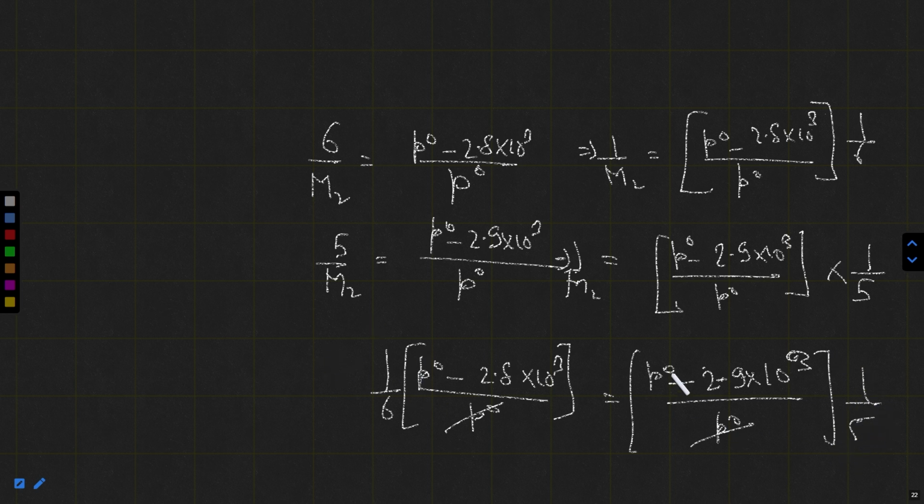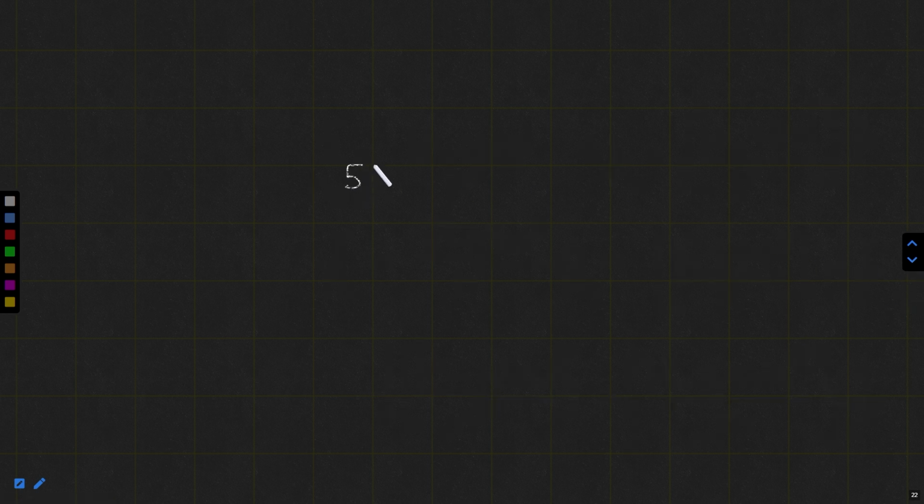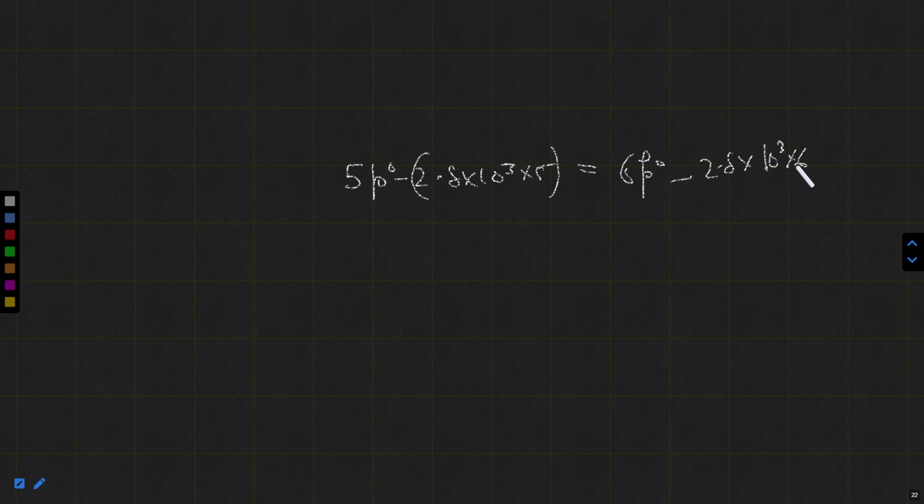Now we will cross multiply it. That would give us 5 into (P naught minus 2.8 into 10 to the power 3) and 6 into (P naught minus 2.9 into 10 to the power 3).